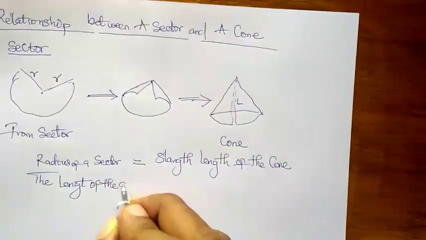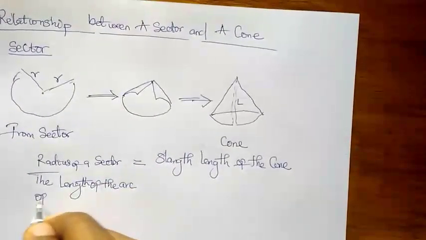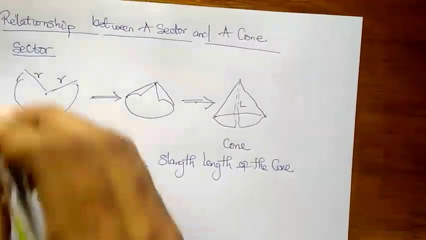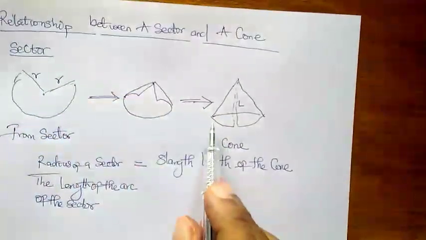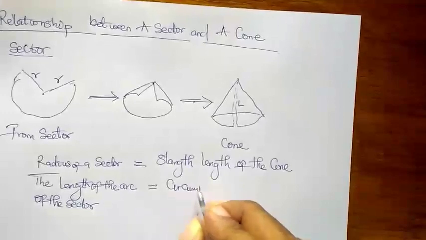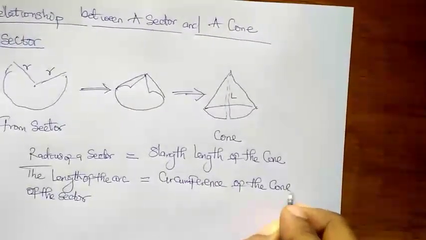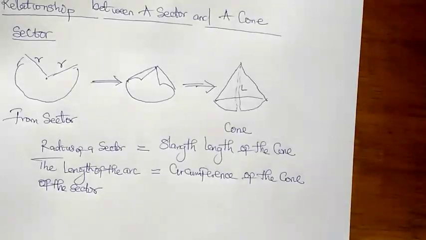Another thing we have to note is that the length of the arc of the sector is equal to the circumference of the base of the cone. Remember, the base of a cone is a circle.